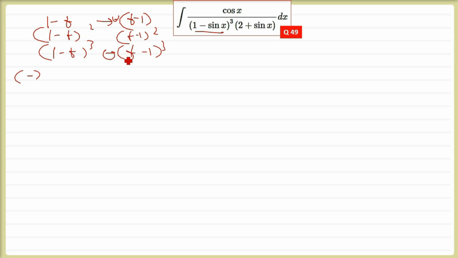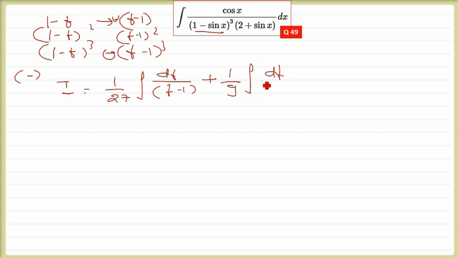If you want, let me re-emphasize, you can do it, but if you don't do it, there will be no deduction in the marks. The question doesn't demand it; only to match the R.D. Sharma solutions, we are doing it. Alright, so 1 by 27 dt divided by t minus 1 now, and I will multiply them later with negative.